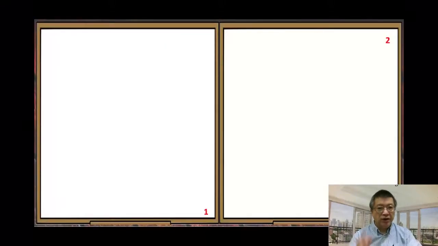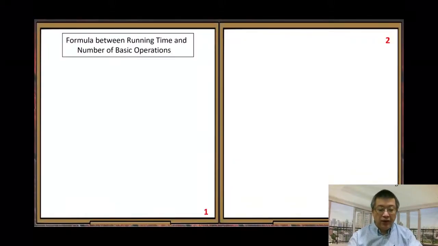All right, so let's look at our first topic, the formula between running time and the number of basic operations. These two concepts: the first one, running time.